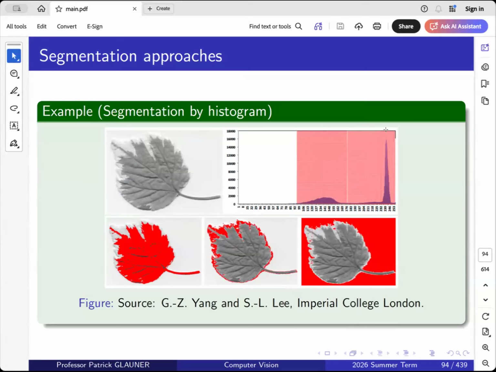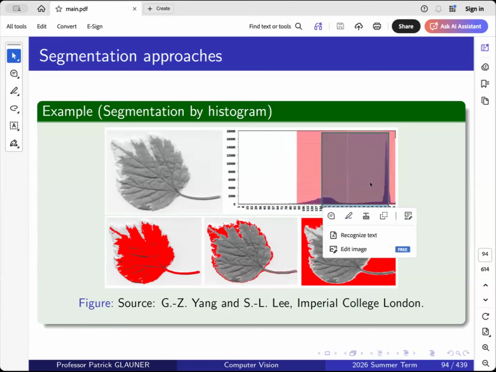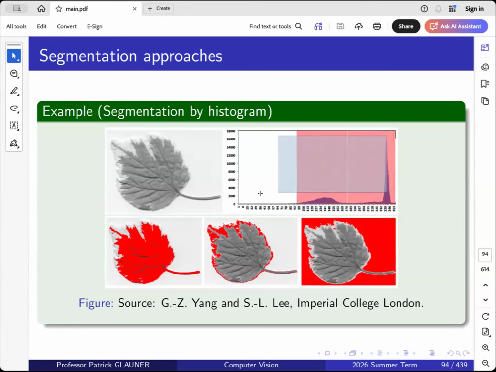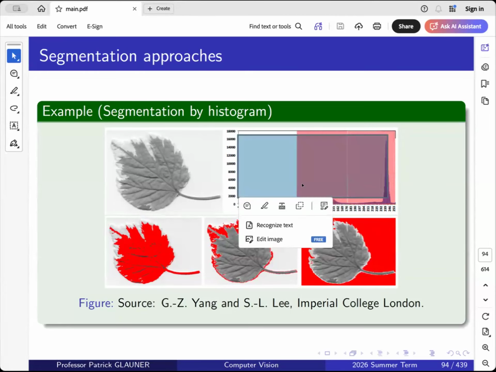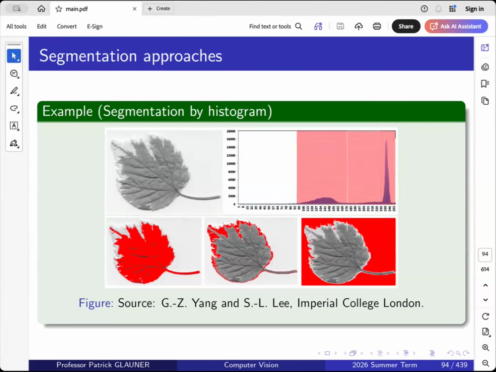So we could try to build sort of a range, maybe something like this, where we could say all the pixel values from 0 to 240, for example, only those are supposed to be visualized. Then we would visualize the actual leaf, but what we see here in red is the background that is visualized. So to visualize the background, we would only take the range of, say, 240 up to 255. And we only visualize the pixels that have an intensity in that range. And then we can try to filter the background out from the rest.